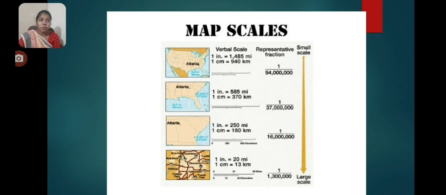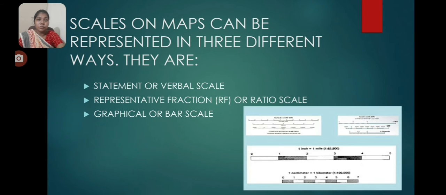That's how it works. Here a fraction is also given, the representative fraction and verbal scale. In scales there are 3 different ways: verbal scale, representative fraction, and also the bar scale, which is graphical. Here we could see the graphical or bar scale. We are going to talk about the statement or verbal scale and the representative fraction or ratio scale.